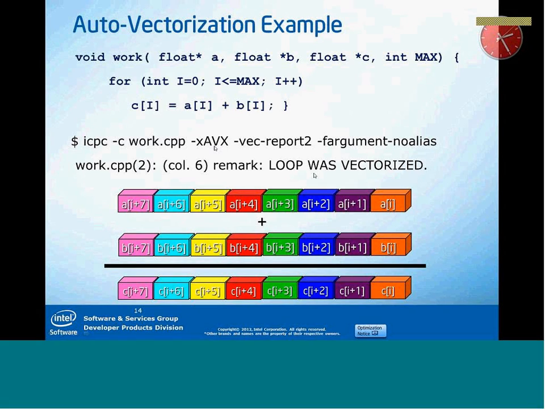AVX processors have 256-bit wide SIMD registers, and the data type here is floating point, which is 32 bits. So it can process 8 of those 32-bit data types within a 256-bit register. 256 divided by 32 gives us 8.